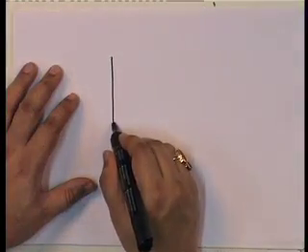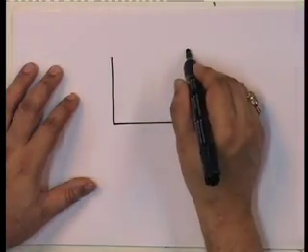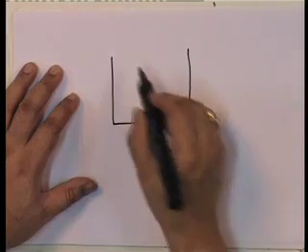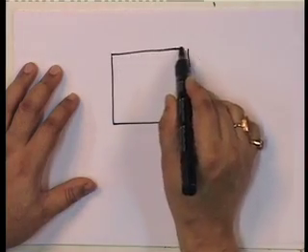Today what we are going to be looking at is what happens when you do not have plan symmetry. In other words, you have a situation where you have to do three-dimensional analysis of the building.